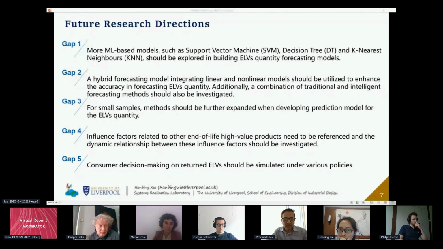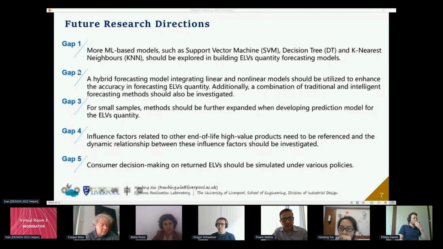Due to the nonlinear issues and the uncertainty in LV's quantity, we propose the first gap. More machine learning-based models, such as support vector machine, decision tree, and k-nearest neighbor, should be explored in building LV's quantity forecasting models.